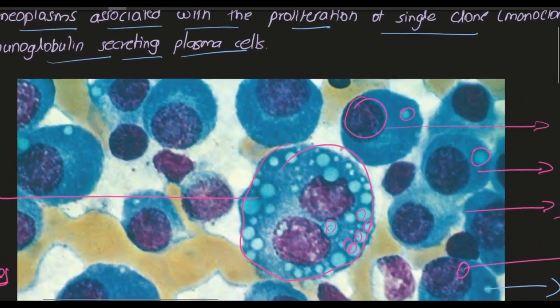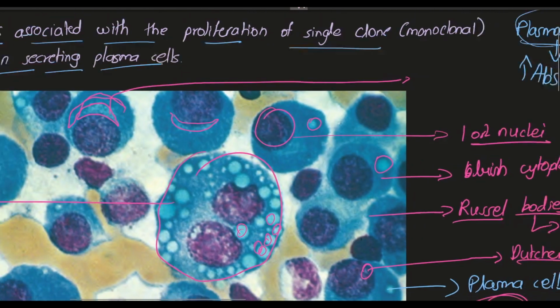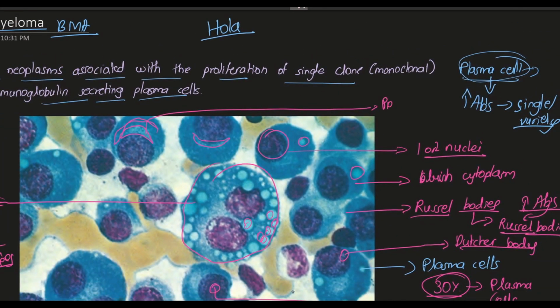And one more thing I missed here, you are seeing a light bluish color here completely dark, but here a little bit white or bluish area is there. That is called perinuclear clearing. It is because of a prominent Golgi body.